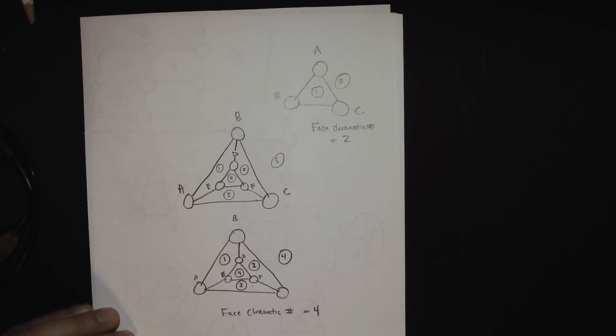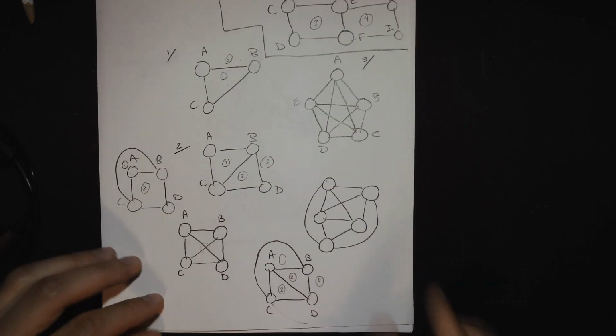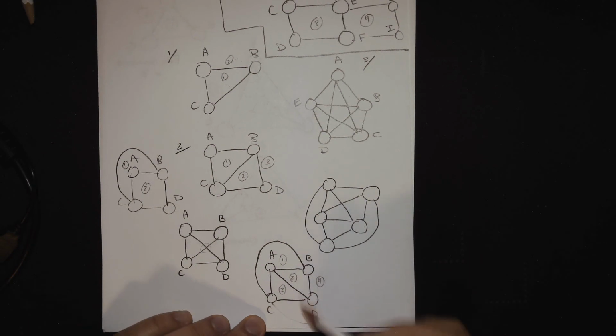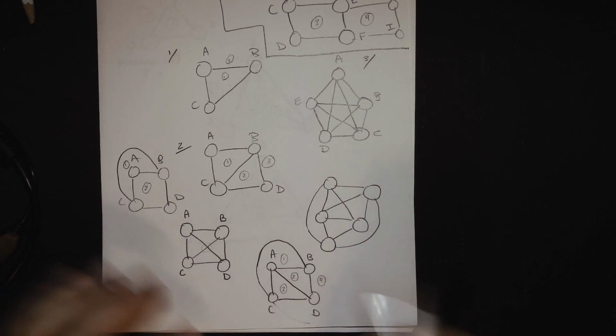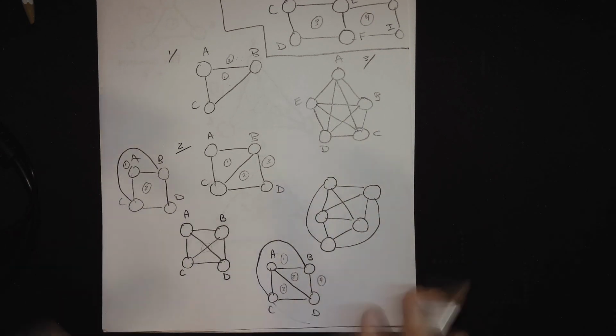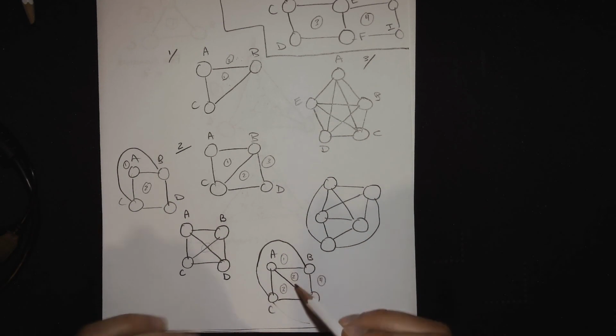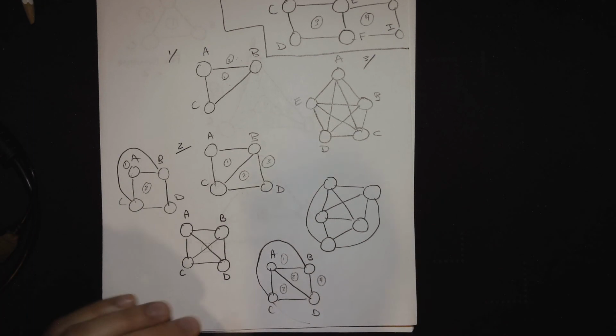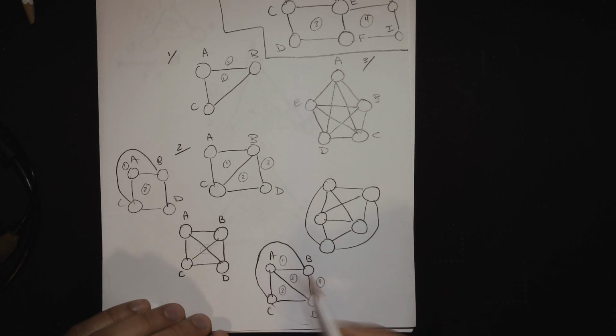And this has a face chromatic number of 4. All right. So we can look here. Again, for the case of this graph, this is the complete graph on 4 vertices. The planar graph separates the plane into 4 different regions, also known as faces. They're each adjacent simultaneously, so we'll require at least 4 colors to color every face so that no adjacent faces have the same color.